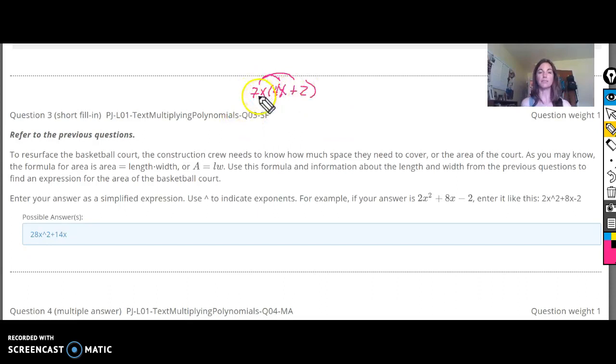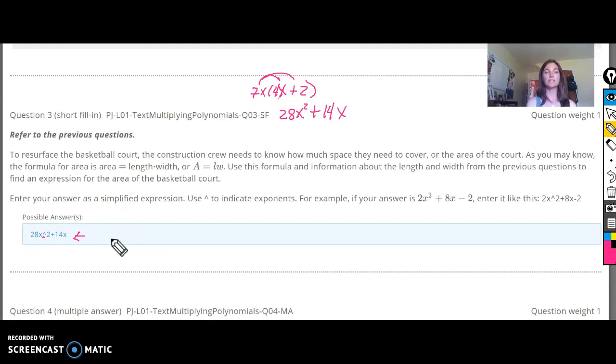So if I take 7x times 4x, I get 7 times 4 is 28, and x times x is x squared. And then 7x times 2 is 14x, which is exactly what they have here, and this is how you would want to type it using that little shift 6 symbol to indicate the exponent.